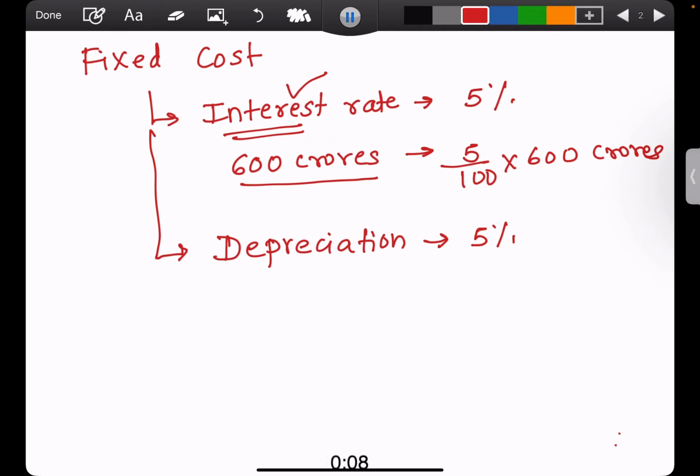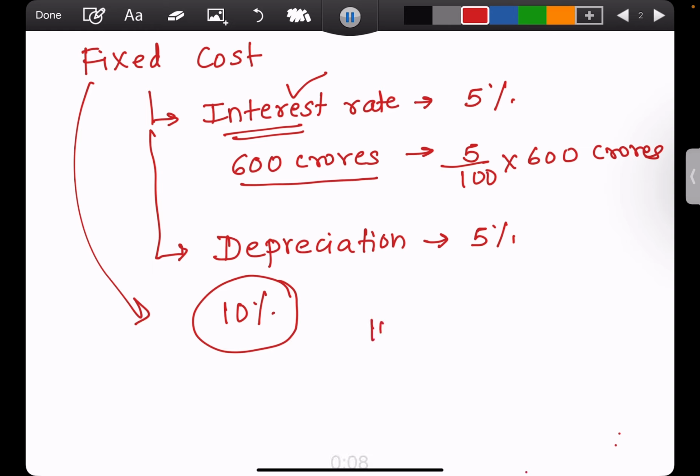So all in all, the fixed cost would be 5 plus 5, that is 10%, as the component of interest plus depreciation. To arrive at the fixed cost, we do 10 upon 100 into 600 crores. So around 60 crores would be the fixed cost in this case.